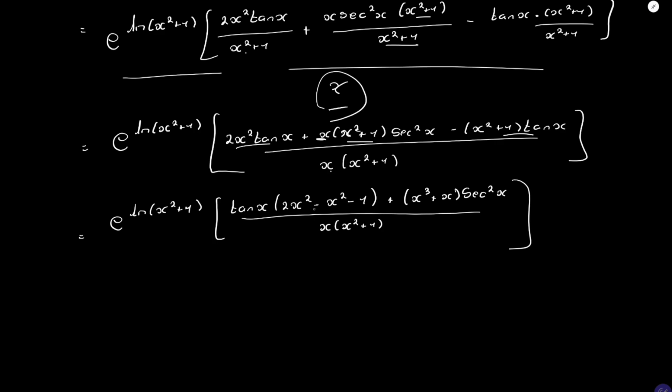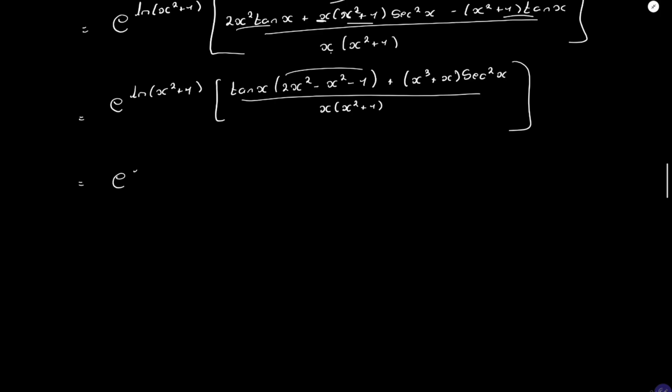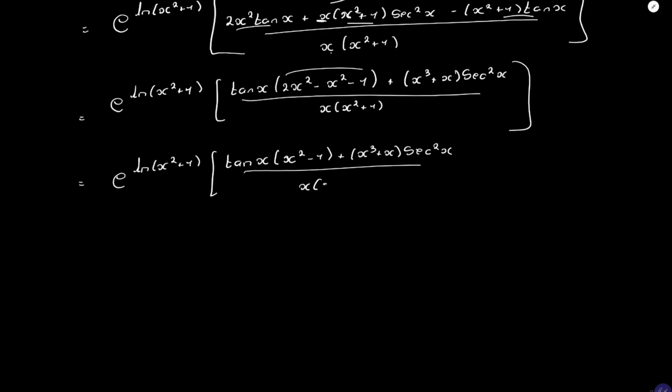So let's simplify this bracket. This leaves us with e to the ln of x squared plus 1 in brackets, tan x, 2x minus x squared as x squared minus 1, plus x cubed plus x sec squared x, divided by x squared plus 1.